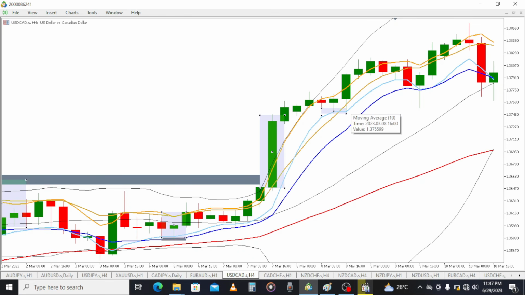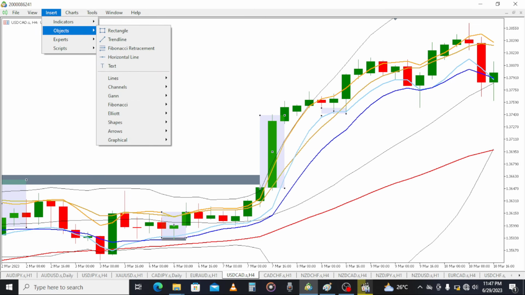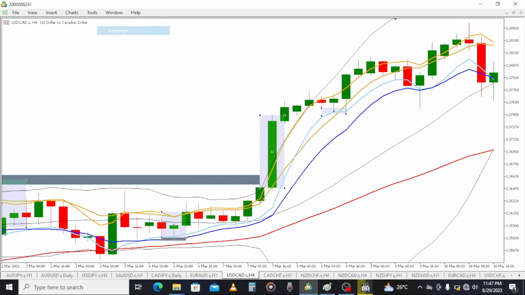Like right now I'm using the 1 hour. You can change to a smaller time frame to get more re-entries. Once you see a big move, it has little moves in 1 hour or smaller time frame. If you're using the 1 hour, you go to 15 minutes. If you're using the 4 hours, you go to the 1 hour.